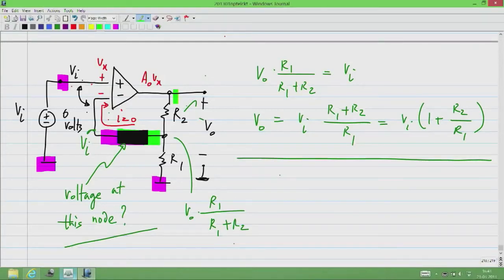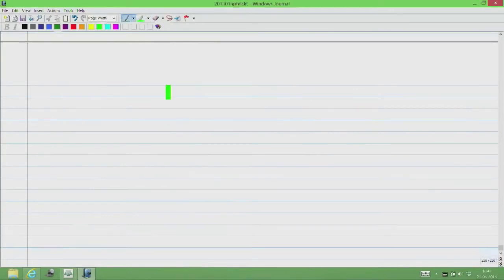Okay, let's move on with the lecture. Now we can take another op-amp circuit. Let me do that.